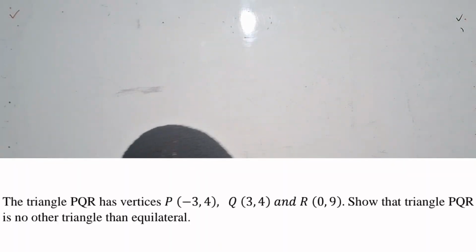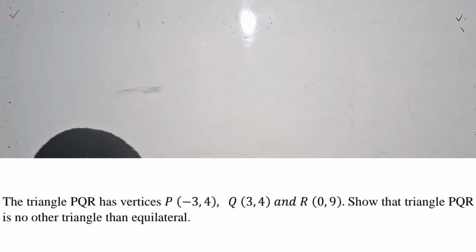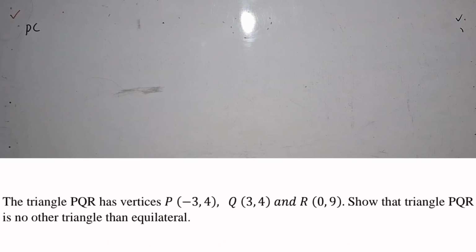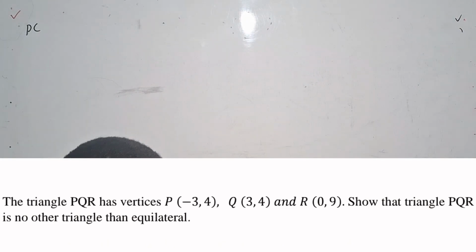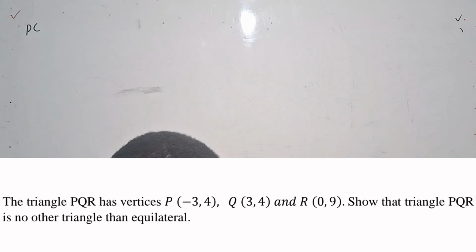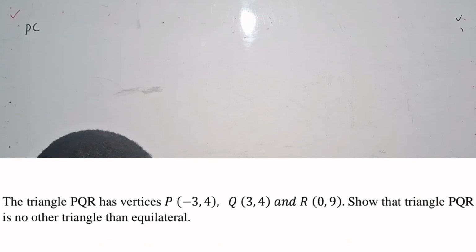So the next question: the triangle PQR has vertices P (negative 3, 4), Q (3, 4), and R (0, 9). Show that triangle PQR is no other triangle than equilateral.